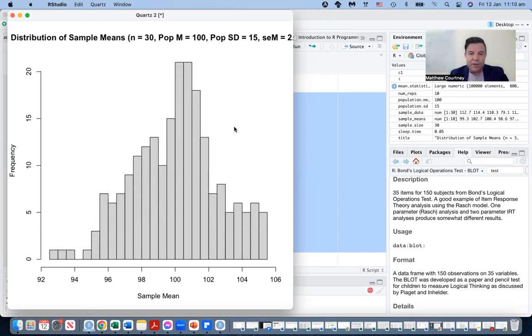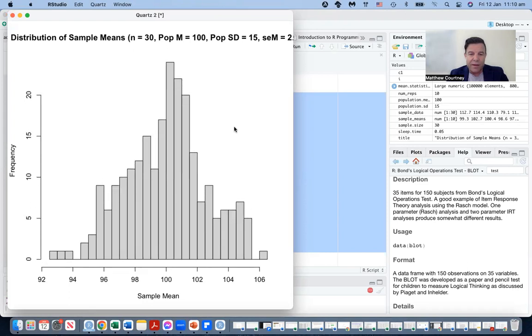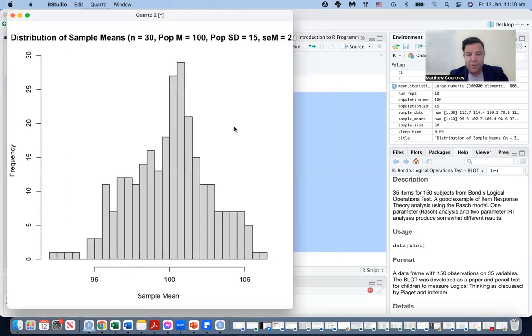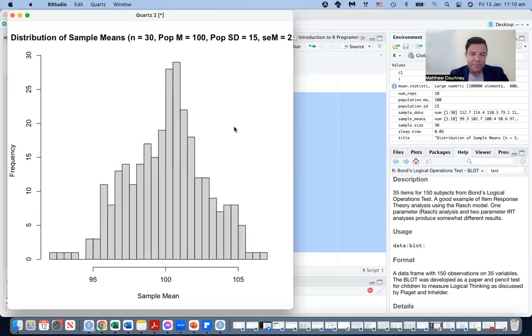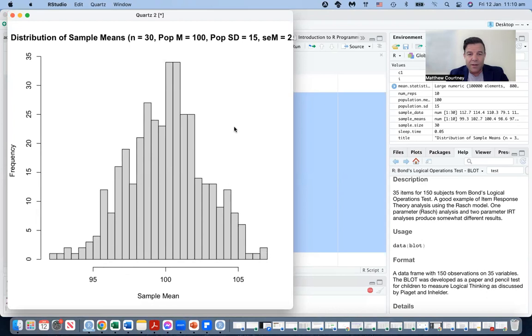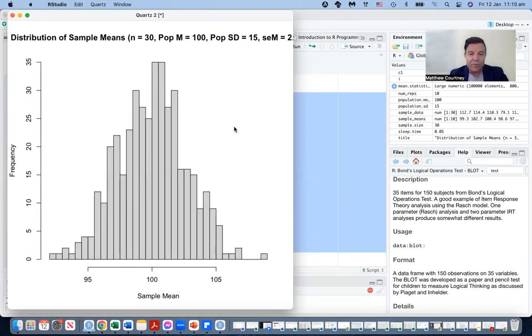We can see that it's starting to develop a bell shape, although it's a little distorted at the moment. But as we continue to take samples from that known population, it begins to take on the bell curve or normal distribution.